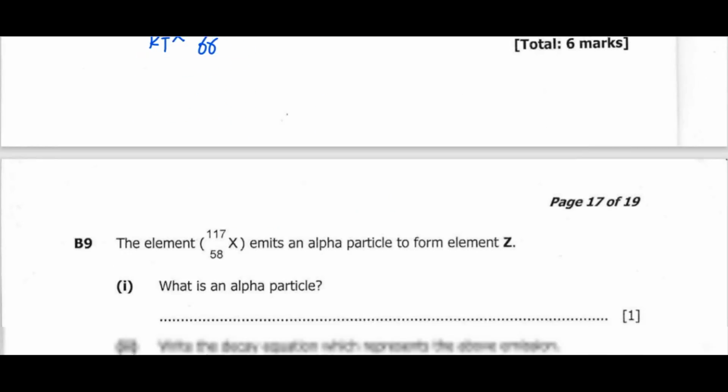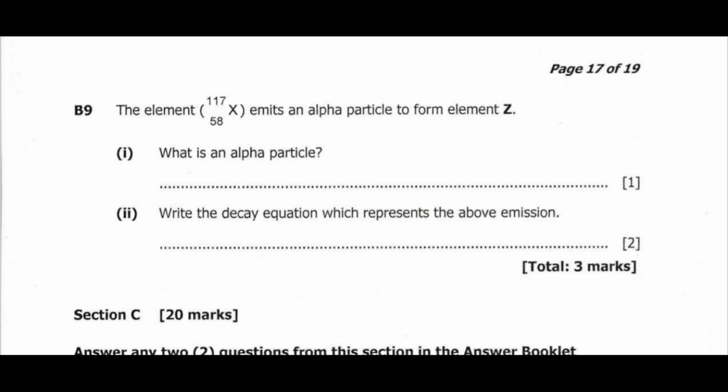Okay, so now let's move on to question 9. The element X with the mass number 117 and atomic number 58 emits an alpha particle to form Z. So X is the parent nuclide, Z is the daughter nuclide because it was the one that was produced.